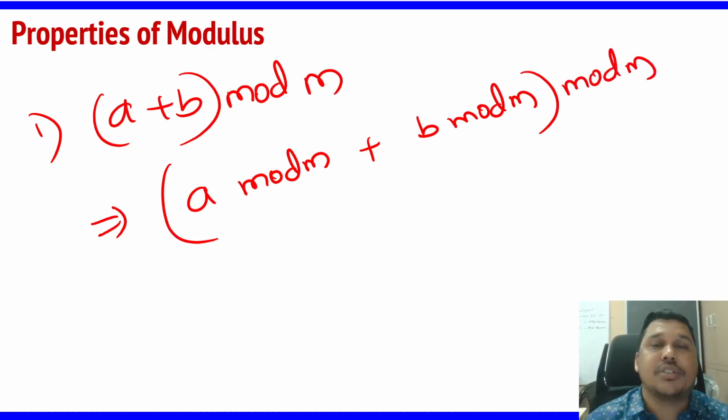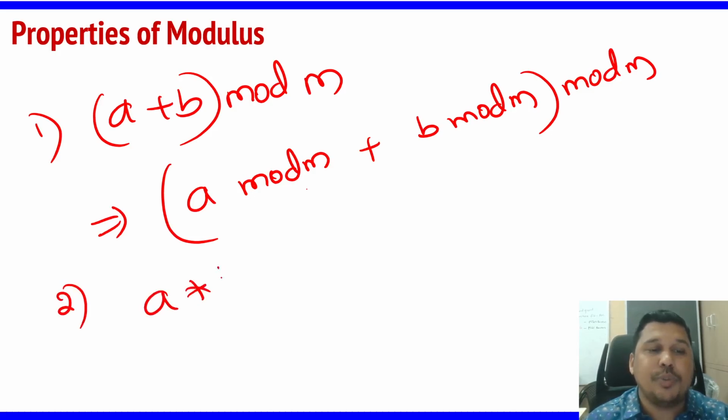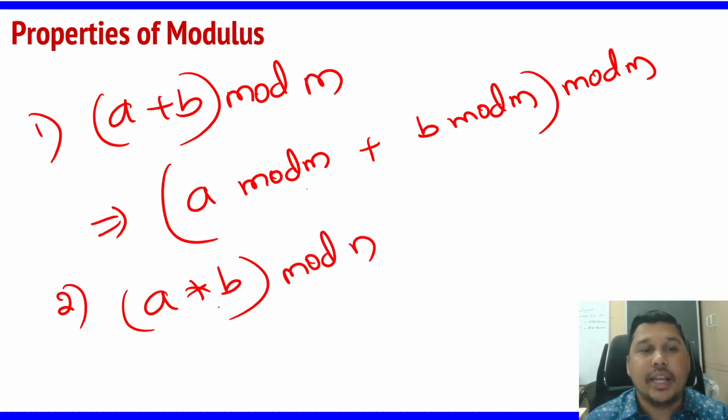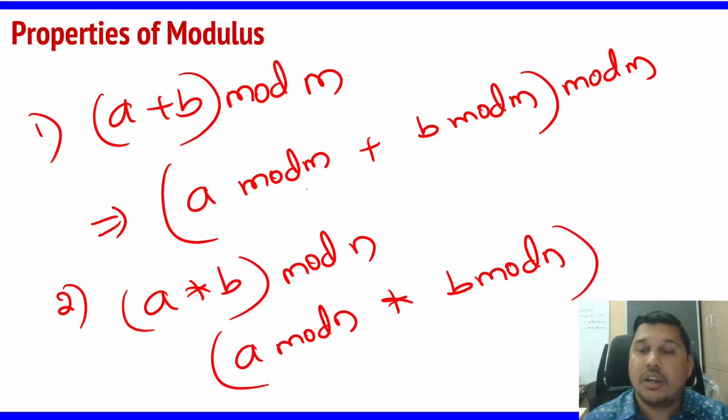This is the expansion of this. A plus B mod M is written as A mod M plus B mod M, whole mod M, right? Similarly, the most commonly used second property is A into B mod N. It can be written as A mod N into B mod N, whole mod N. These are very important properties in modulus.